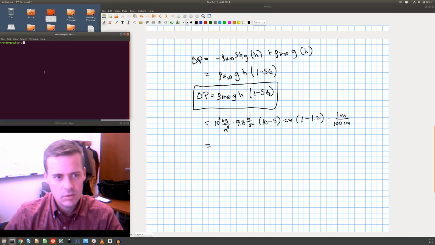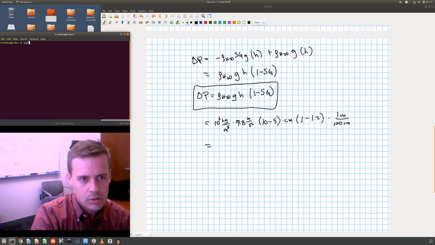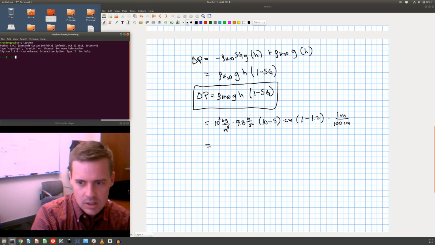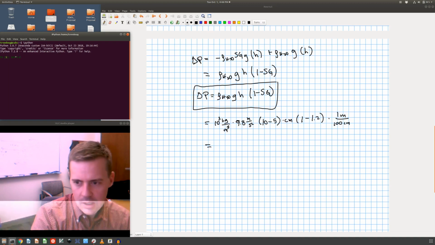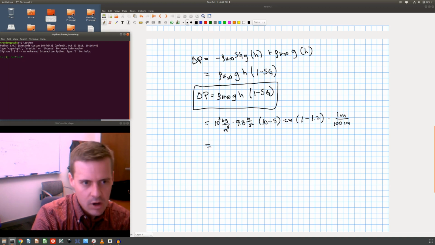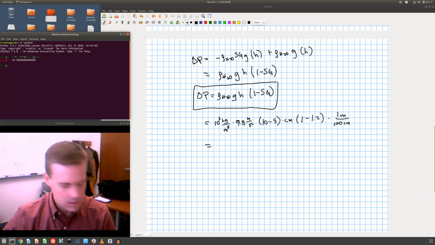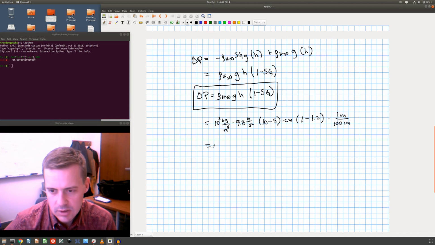Let's do the calculation right here, and open a little Python terminal. And we can do 10 to the 3 times 9.8 times 5 times 1 minus 1.2 divided by 100. And I get negative 98. And what are my units?